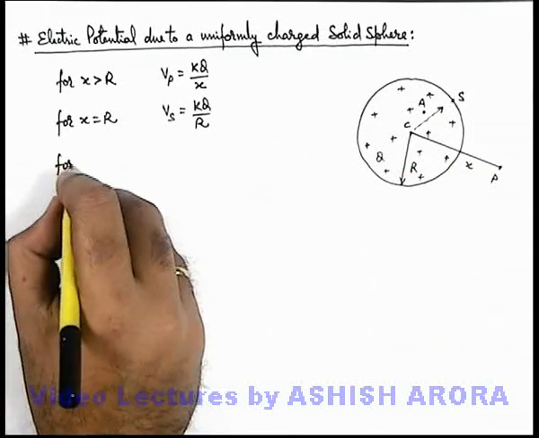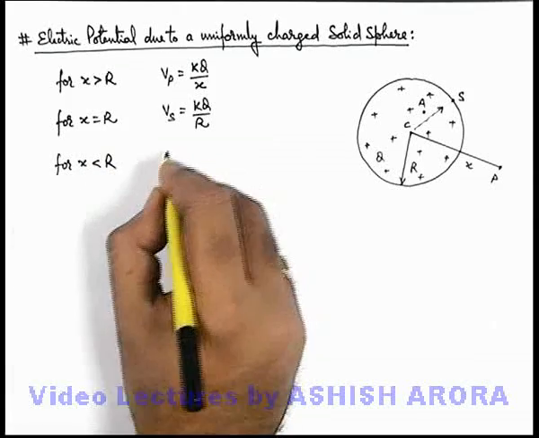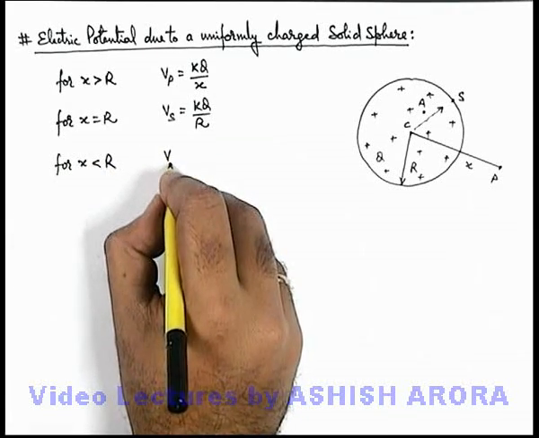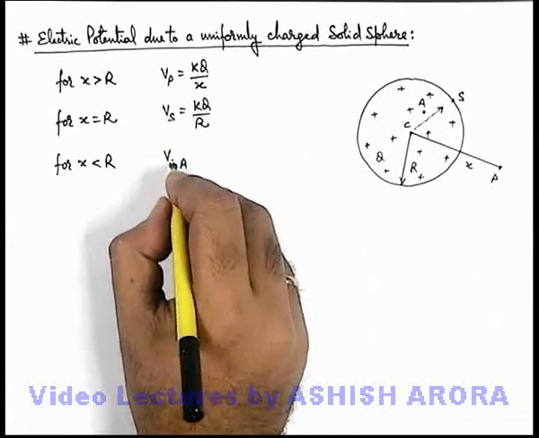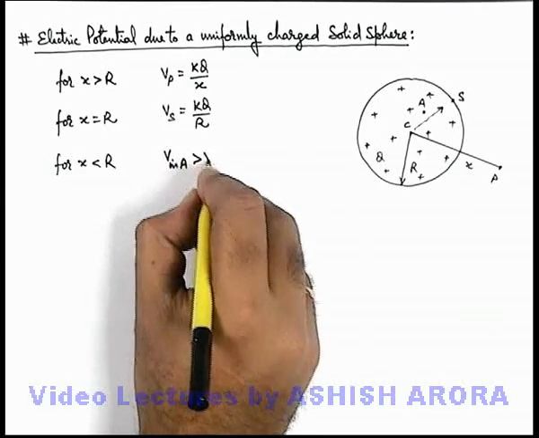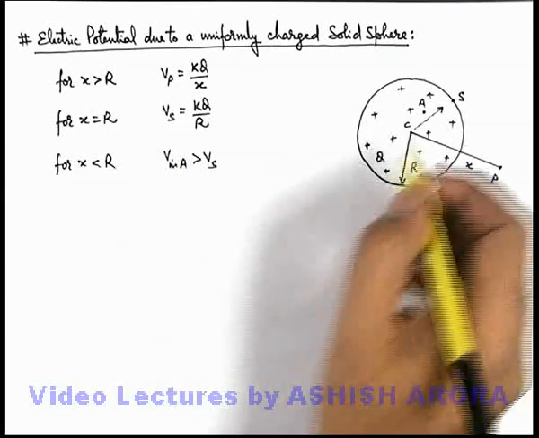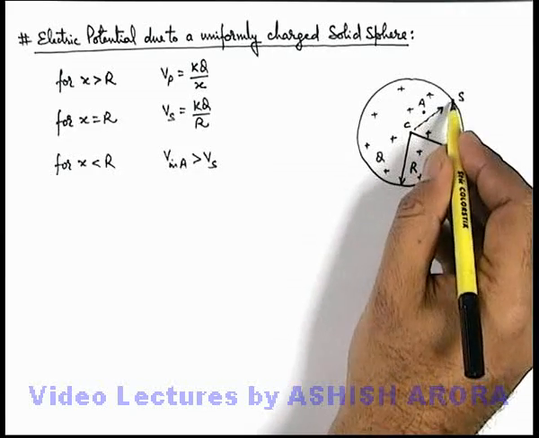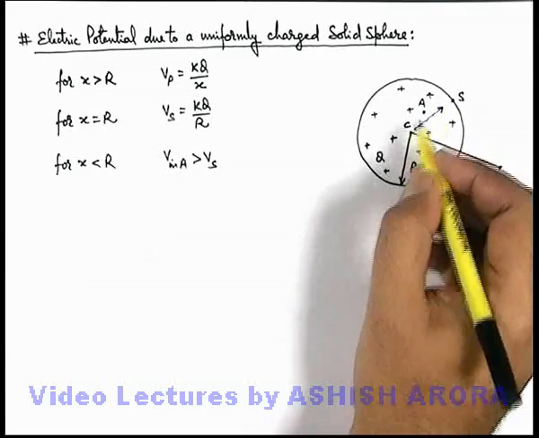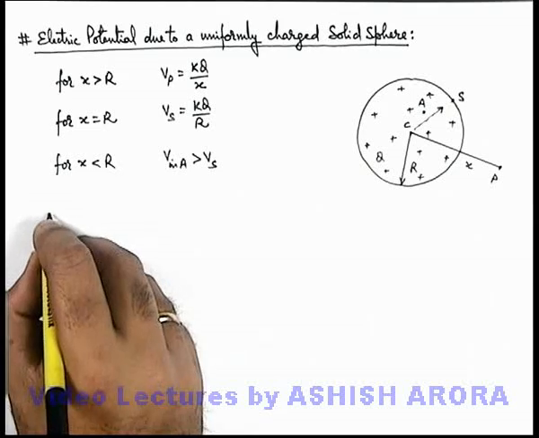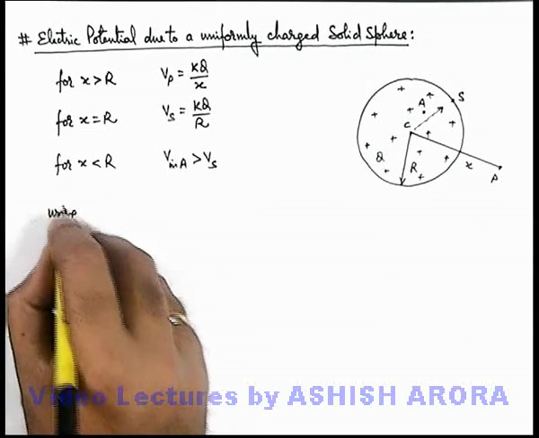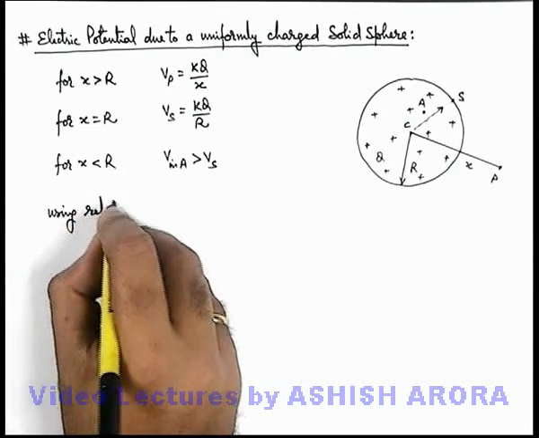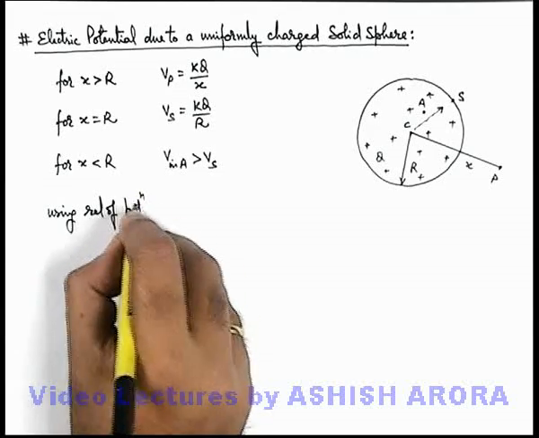Then we can say for x less than r, the electric potential at an inside point A will certainly be more than the potential on the surface, because in the direction of electric field potential decreases, so VA must always be more than VS. And here we can write using a relation of potential difference.